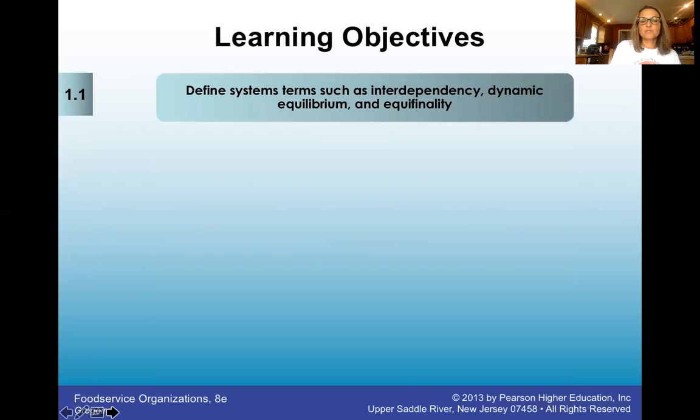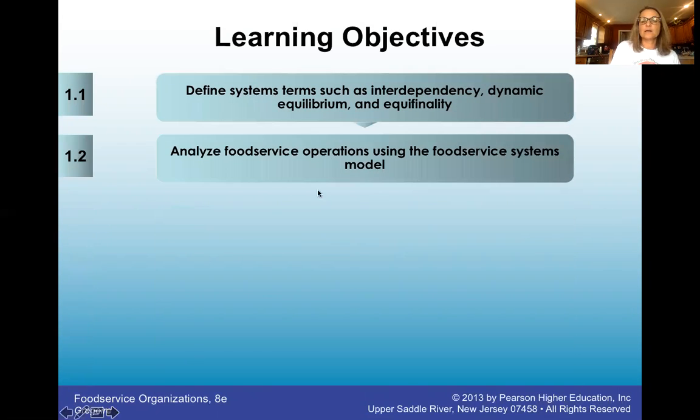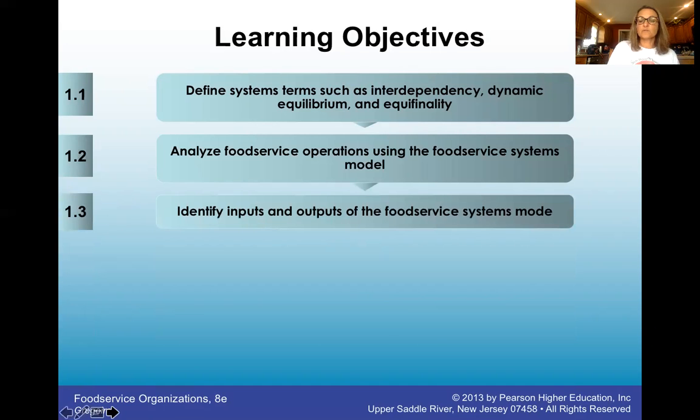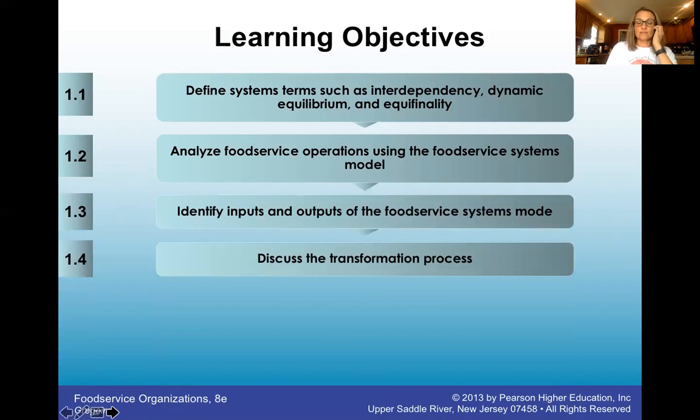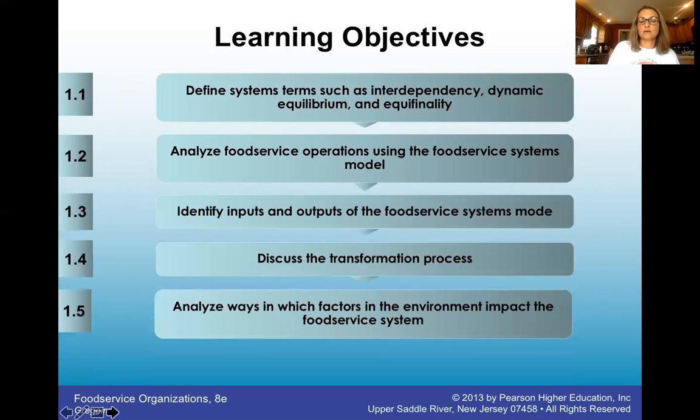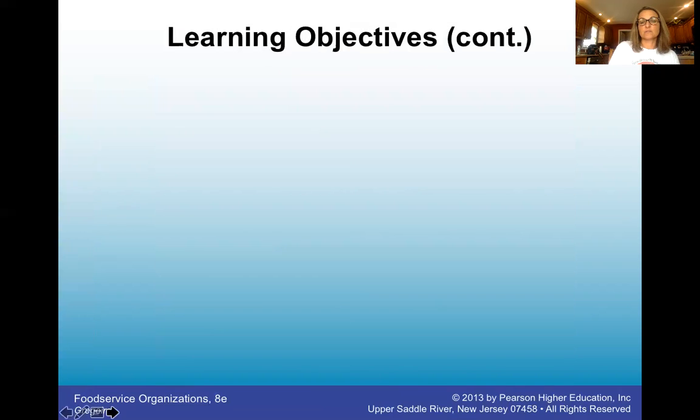So our learning objectives are to define systems terms such as interdependency, dynamic equilibrium, quantifinality, analyze food service operations using the food service systems model, identify inputs and outputs of the food service system, and then discuss the transformation process, analyze ways in which factors in the environment impact the food service system.